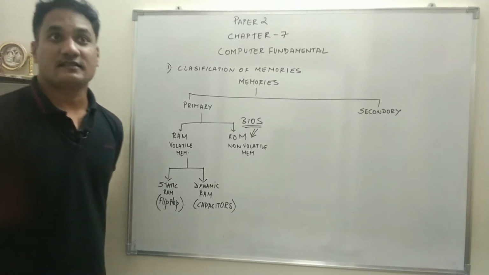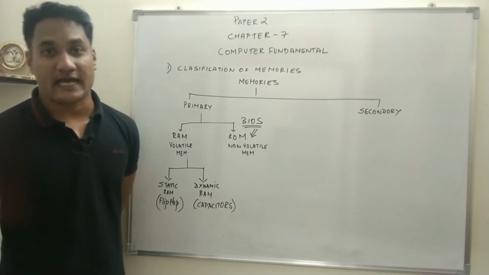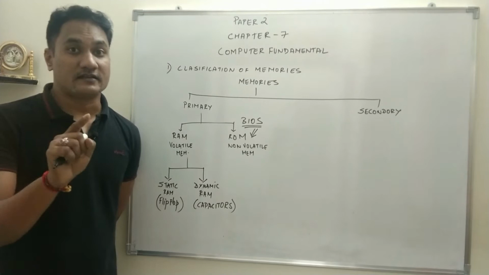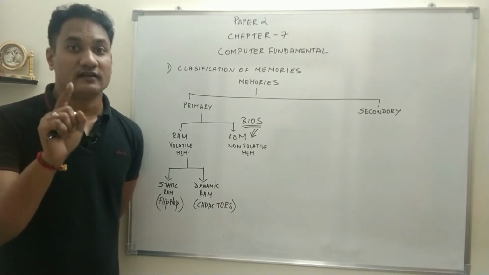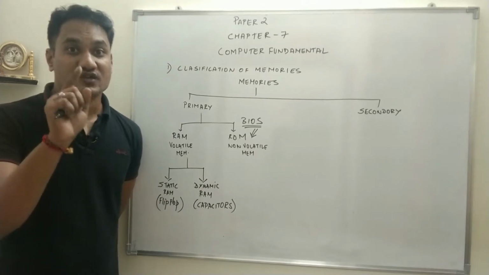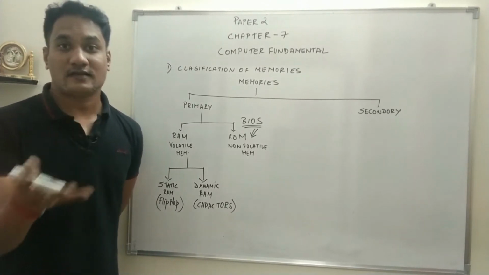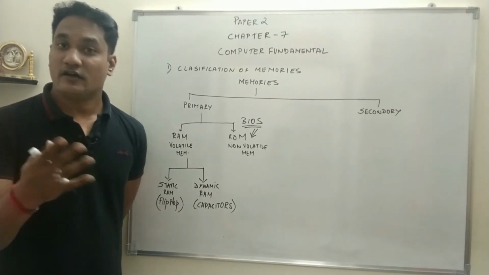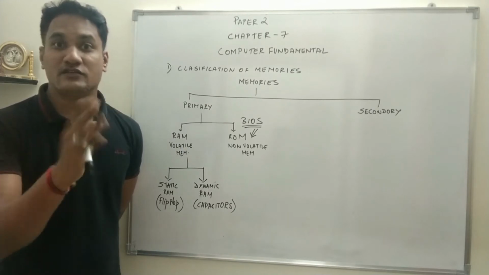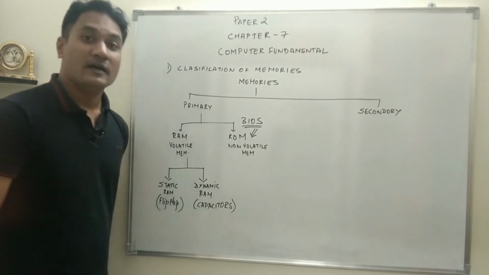But the capacitor has a tendency to leak charge with respect to time. As I said, a fully charged capacitor is considered to be storing data as 1. But if the capacitor leaks charge with respect to time, what will happen? At some point, all the charge of the capacitor will be removed, and the data which was 1 will now change to 0. So data can corrupt in a capacitive memory.